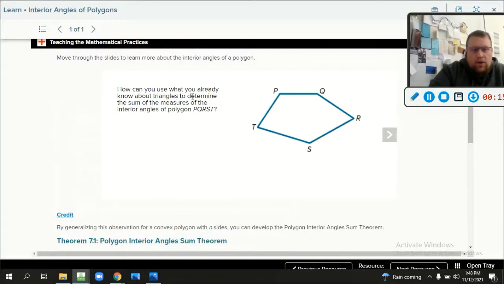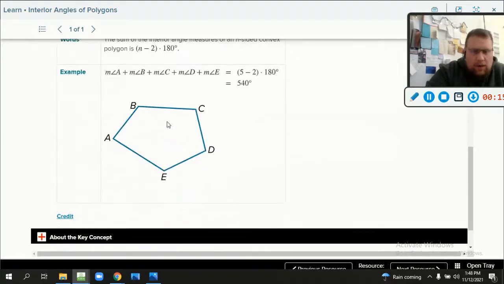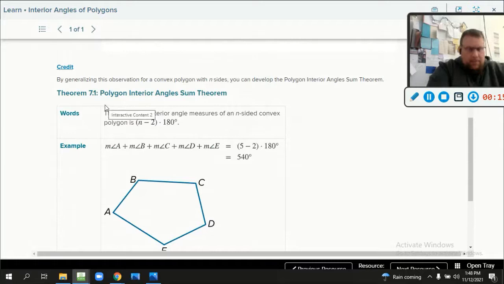First of all, how can you use what you already know about the triangles to determine the sum of the measures of the interior angles of polygon PQRST? Well, we're really going to skip on down to here. Theorem 7.1 is the polygon interior angle sum theorem, and it says the sum of the interior angle measures of an n-sided convex polygon is n minus 2 times 180.